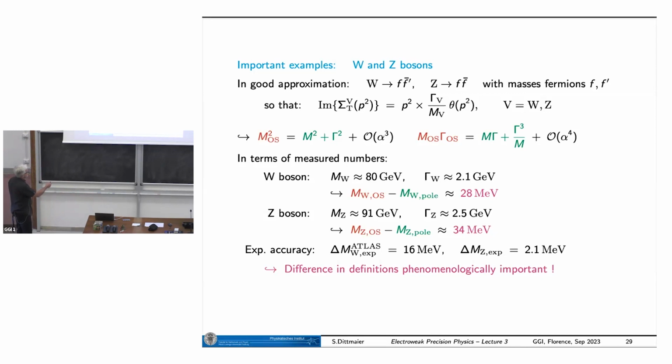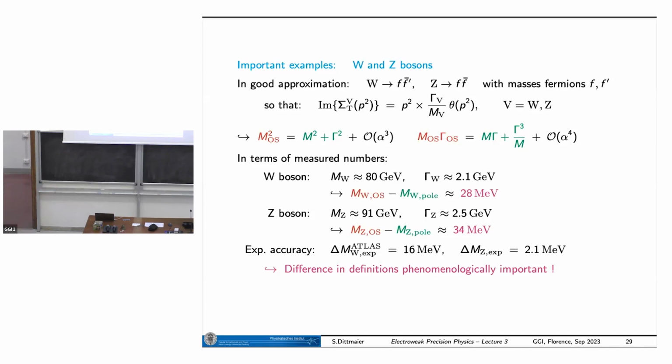The on-shell value is basically what you get if you fit to a Breit-Wigner with a running width, with this p squared still showing up. And the pole value is what you get if you just use a fixed width in parameterizing the resonance. So they should tell you what they have done, because then you know how to use theoretically which mass you have to associate with the measured number.